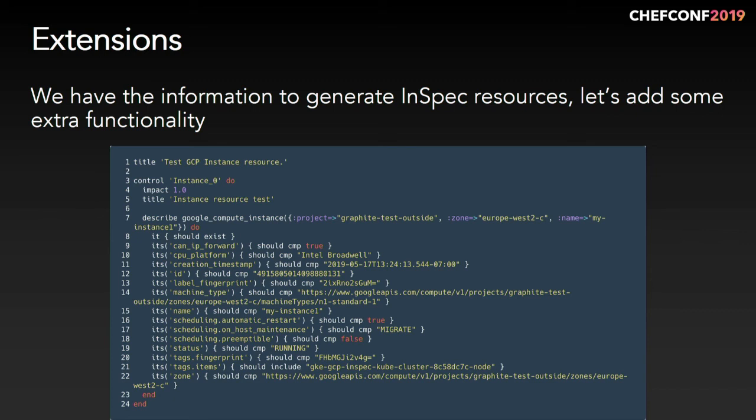And this is actually one of these sample generated resources. It just goes through and lists all of the properties, fields on that resource and writes it down in an InSpec control so that you can run this later and make sure that the specific resource hasn't changed.